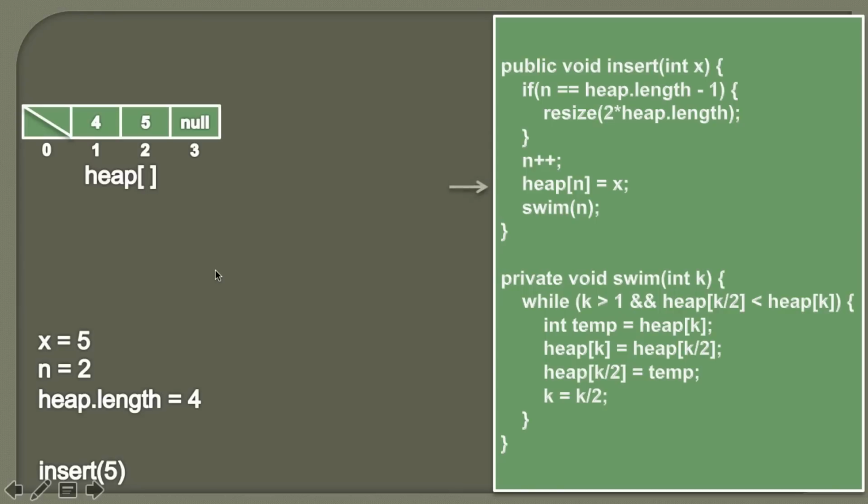Moving ahead. So friends, as you have inserted 5, now we'll perform the bottom up reheapify by calling this swim method, and inside swim we'll pass the value of n. So the value of k becomes 2 because n is 2.